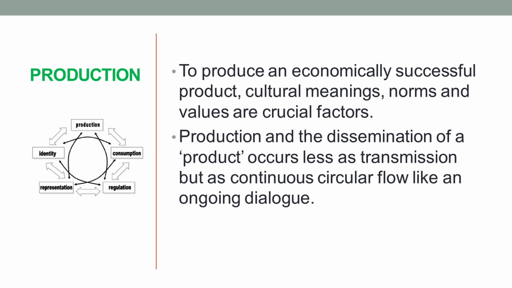So, production and the dissemination of a product occurs less as transmission by a discrete producer but as continuous circular flow with many inputs and outputs, like ongoing dialogue within and between all of the constructive processes.